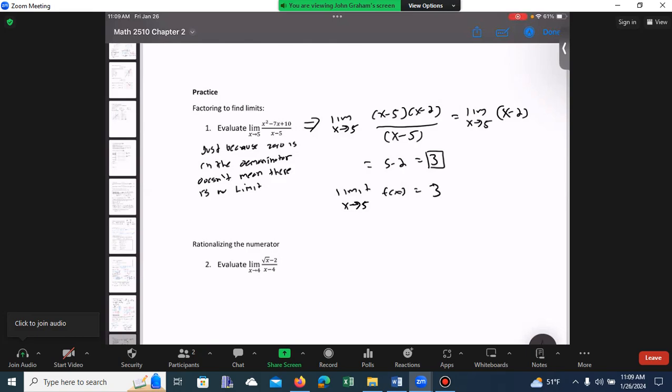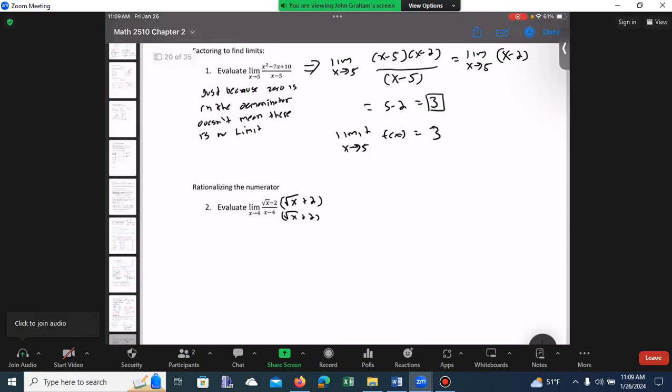Limit as x goes to 4 of square root of x minus 2 over x minus 4. Multiply the top and bottom by square root of x plus 2. Don't FOIL out the bottom. We'll just leave it like it is for now. FOIL the top, but when you FOIL the top, know that the middle terms cancel. You have square root of x times square root of x is x.